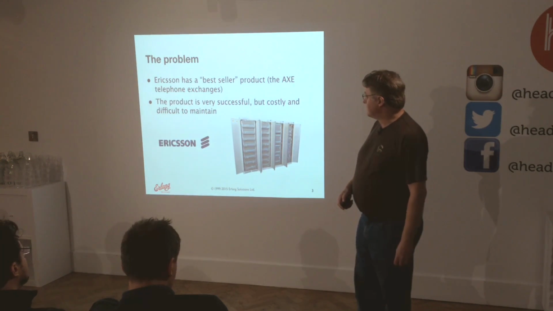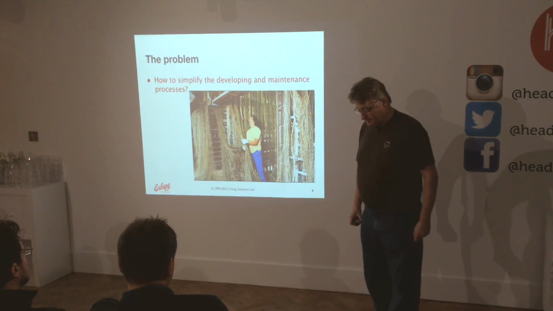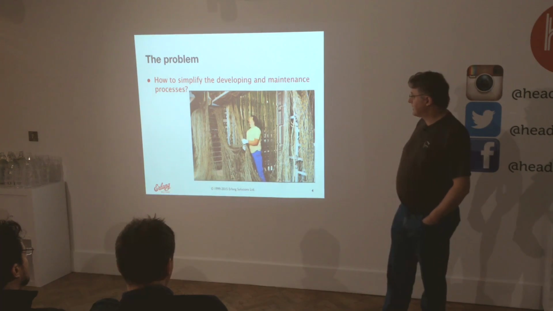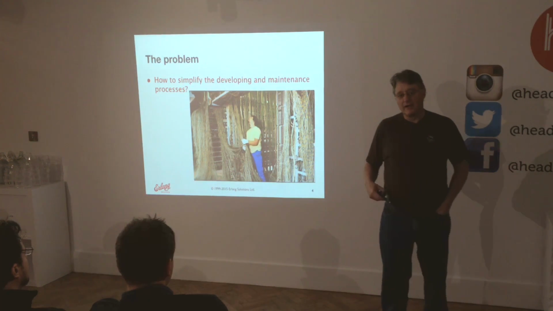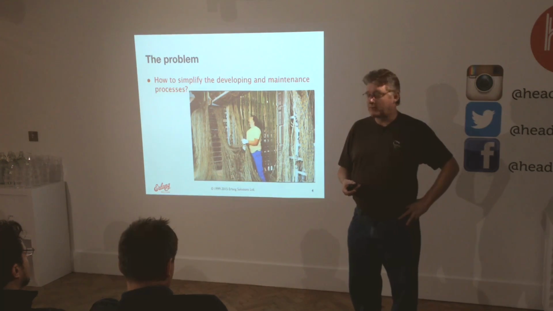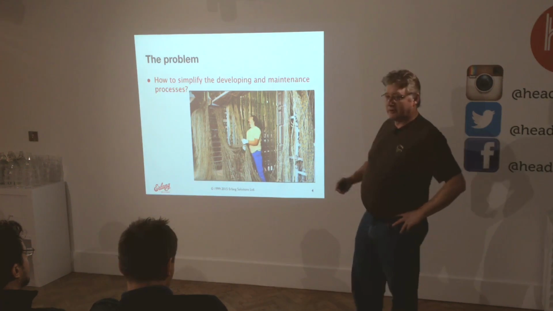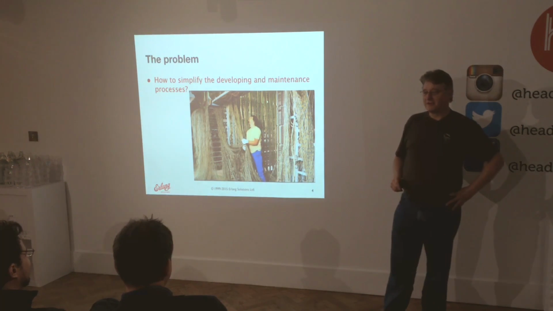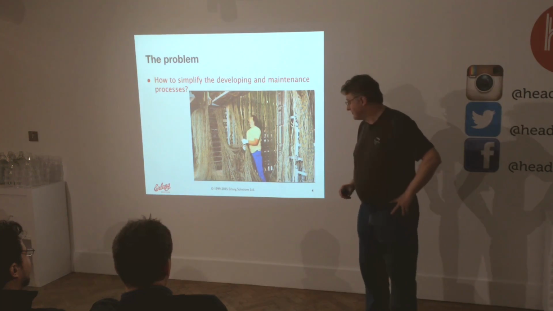So there was a computer science lab at Ericsson, and one of the things they were looking at was how you can simplify developing and maintenance of these types of applications. That, by the way, is a real picture. That's not fake. This is back in the old days when all the telephones went through cables.